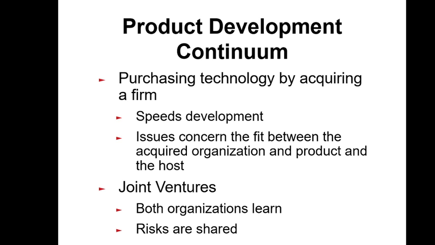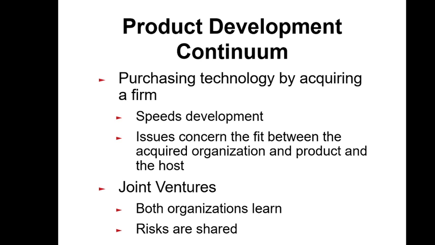A lot of local companies will make a joint venture, sometimes with foreign companies. Or, let's say, a host country will also make a joint venture with international companies. There are a lot of examples of that. What are the advantages? The most important benefit is that both organizations will learn.